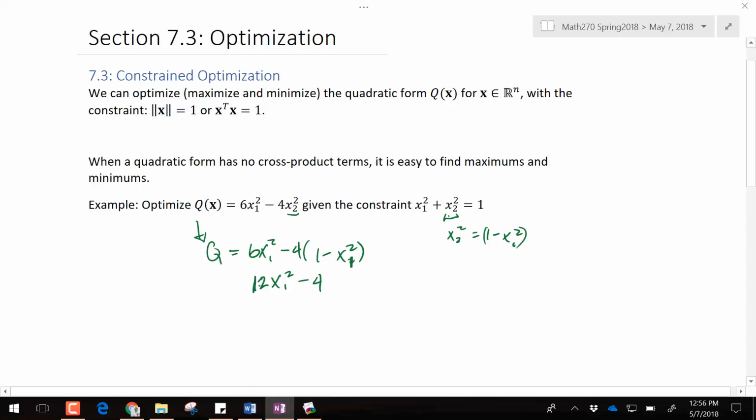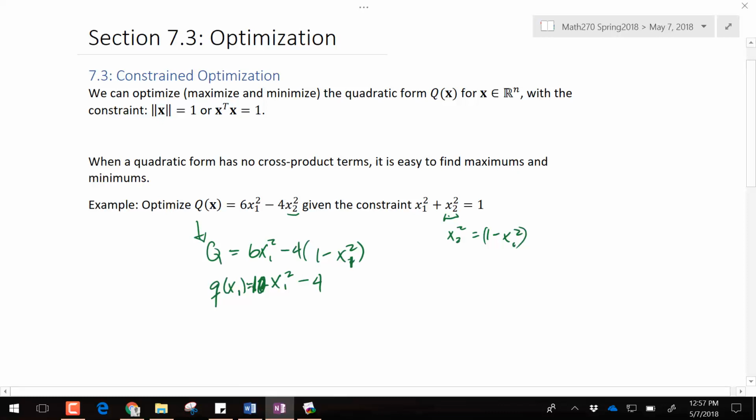Let's go ahead and solve for x1. Now this q, I'm going to change the name to little q. So q is now a function of only one variable, and that allows us to use some calculus to solve for this.